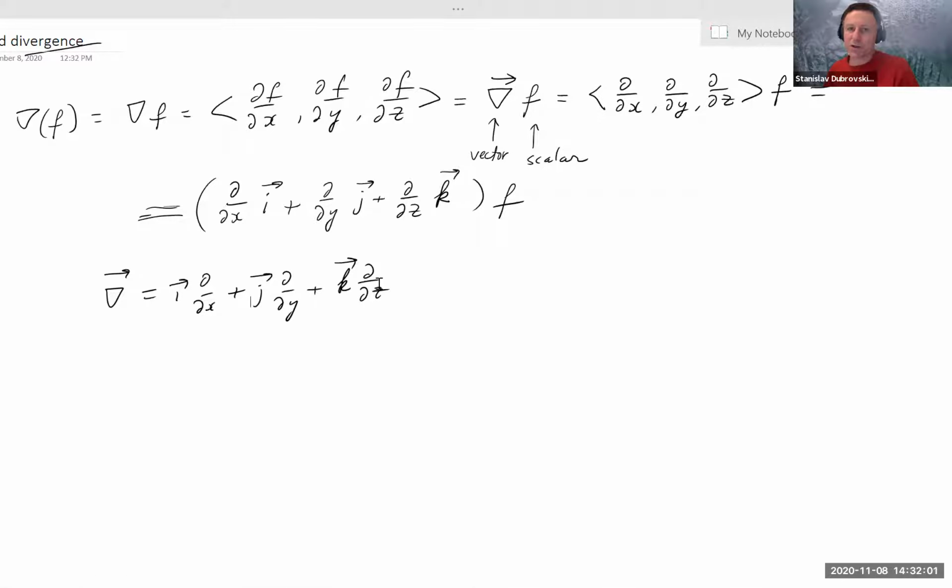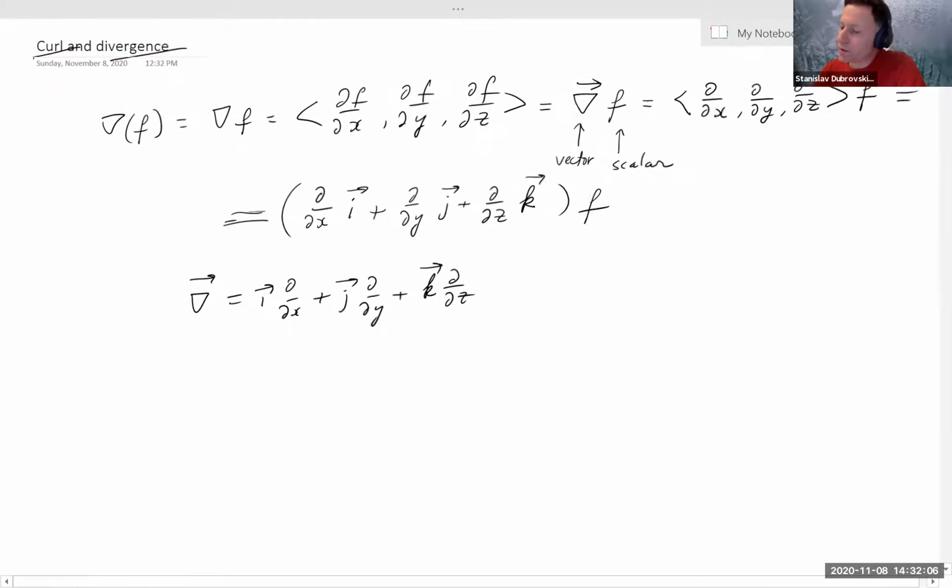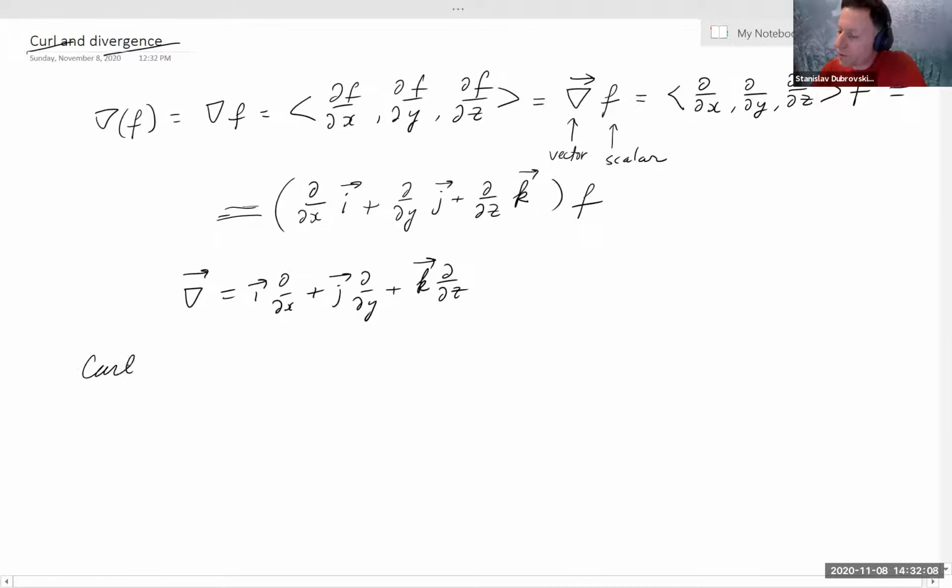How about a cross product? So indeed, curl will be related to a cross product, and divergence to a dot product. So we will introduce these two operations today.